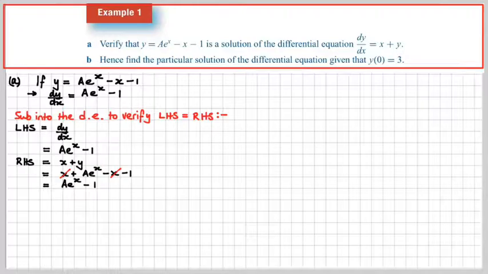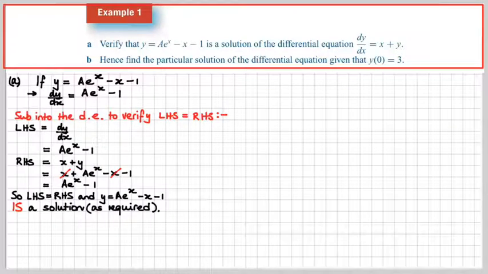Isn't it beautiful? So therefore, we can say the left-hand side equals the right-hand side, and therefore y equals A e to the x minus 1 is a solution as required. You might like to put something fancy like the Latin QED, capital Q, capital E, capital D, instead of "as required" in brackets, or you might like to put "proven" with a couple of exclamation marks there.